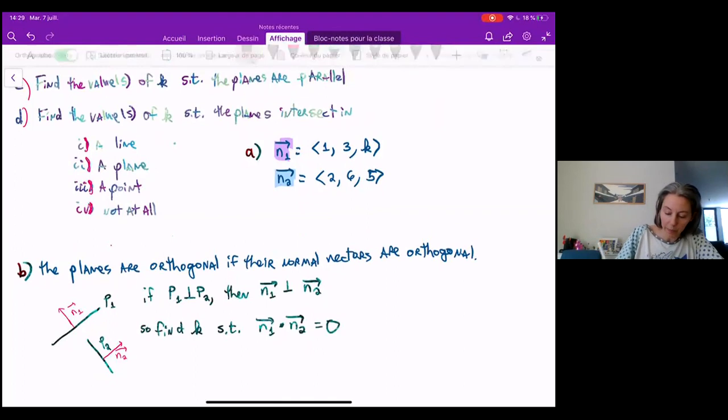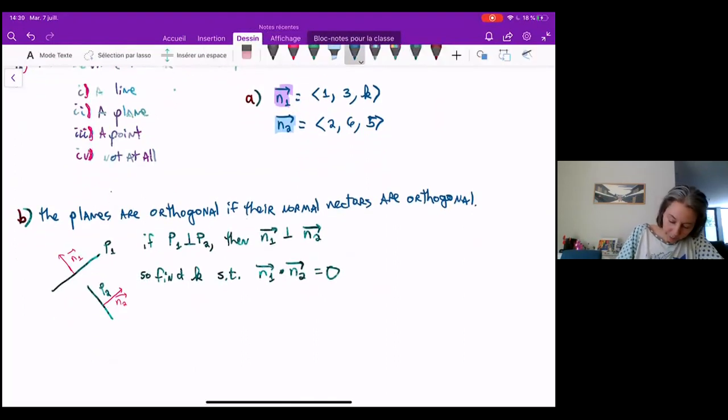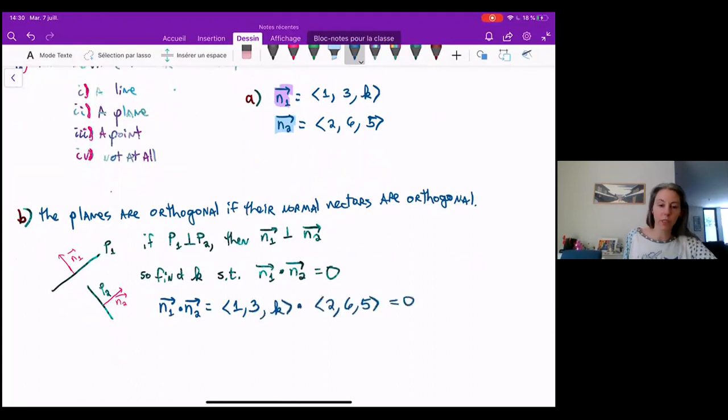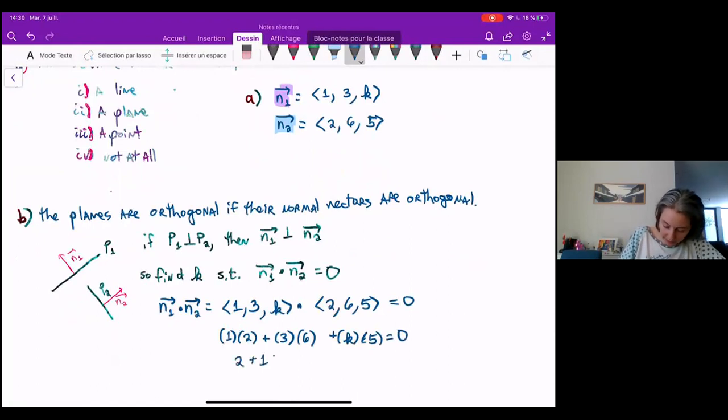So let's do that. N1 dot N2 is equal to 1, 3, k dot 2, 6, 5. And I want this to equal 0. So that gives me 1 times 2 plus 3 times 6 plus k times 5 is equal to 0. So that's 2 plus 18 plus 5k is equal to 0.